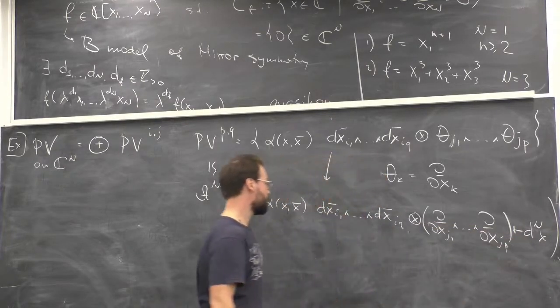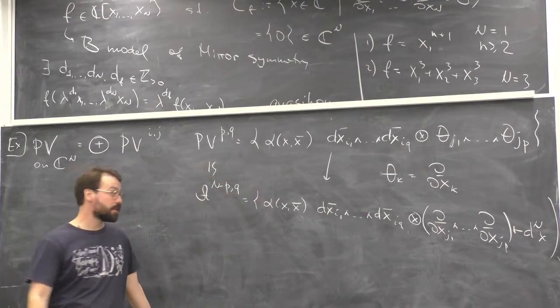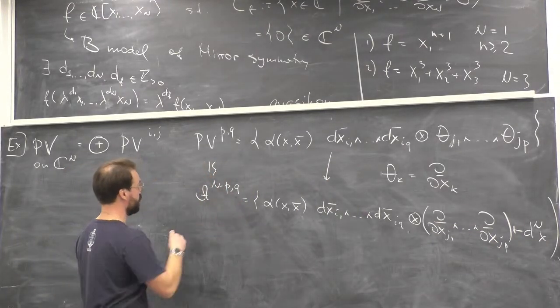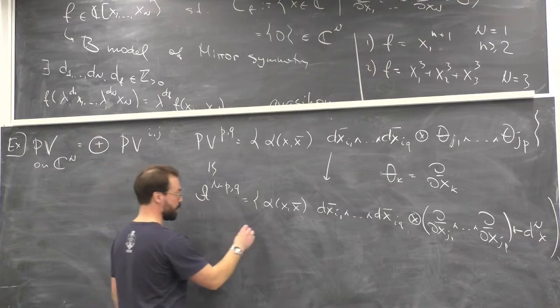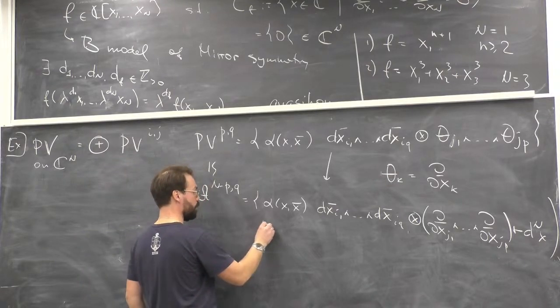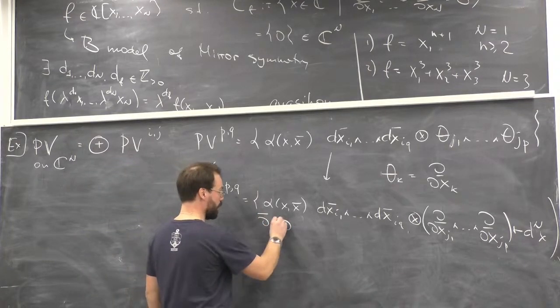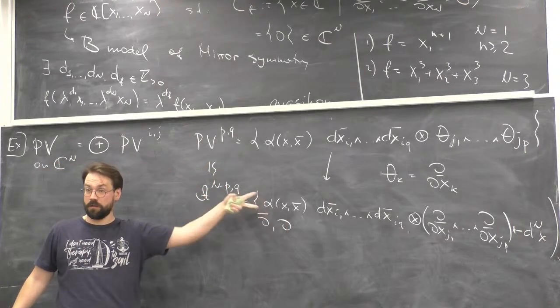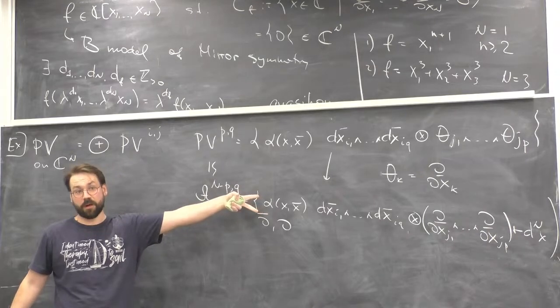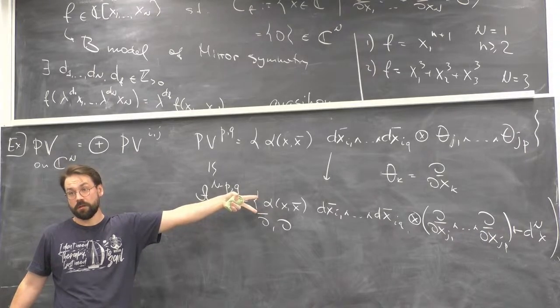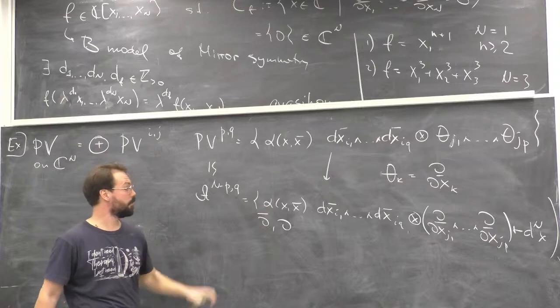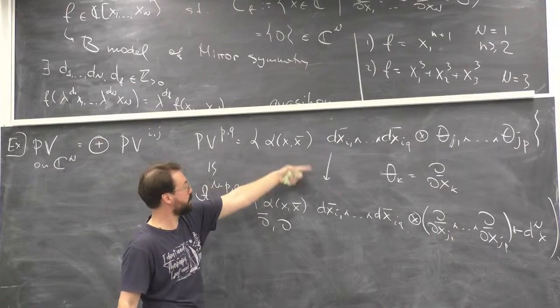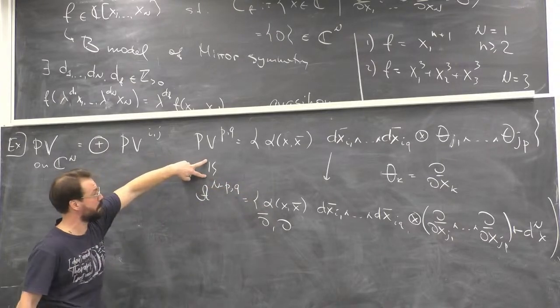And the point is that this space has two differentials, delta and delta bar. In here, both satisfy the Leibniz rule, so both are of order 1. But this is an isomorphism.